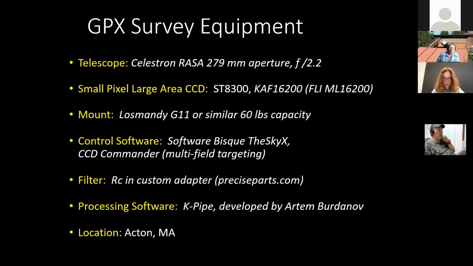For control software, I use software BIS, TheSkyX, and CCD Commander to do the multi-targeting. There's an RC filter in between the camera and the RASA telescope. The processing software is very important because I didn't really know how to do this. Artem developed this. And I'm in Acton, Massachusetts, which is about a 45-minute drive outside of Boston.